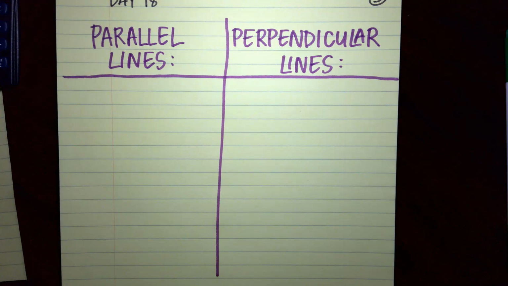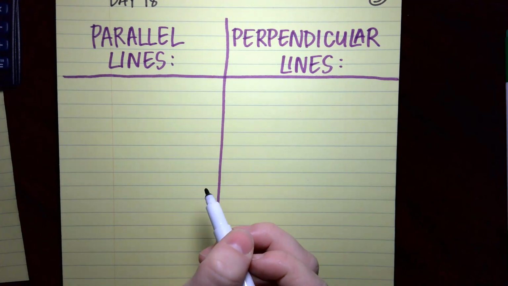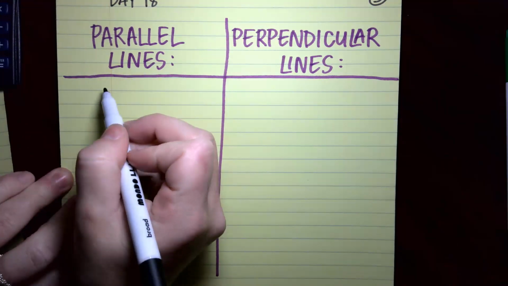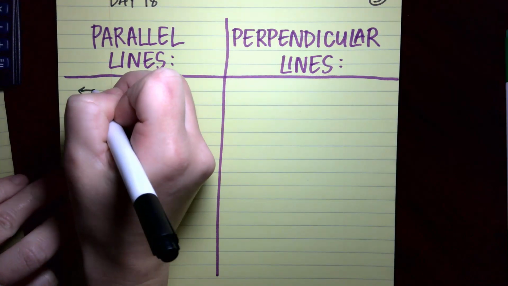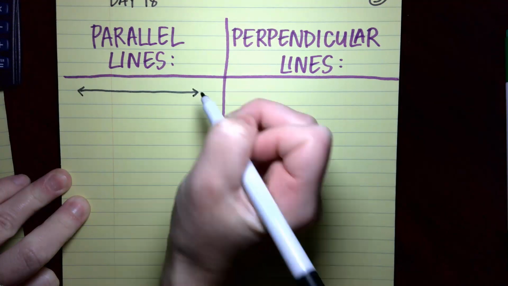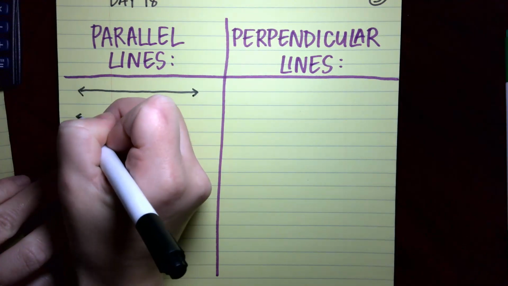Okay. First thing I want us to do is we're going to draw a little picture for each of them. So to make my lines look really nice and parallel, I'm just going to use my blue lines on my paper, and I'm going to draw 2 lines that are parallel to each other.